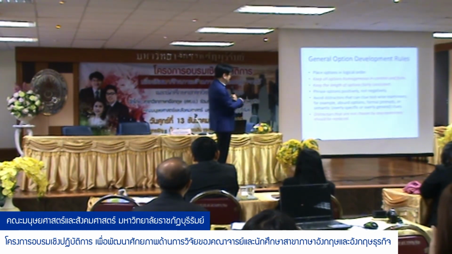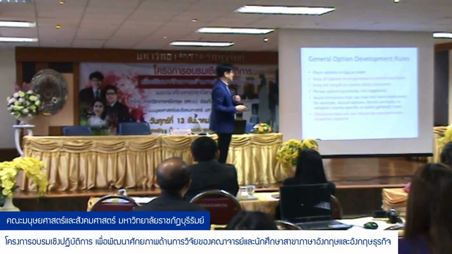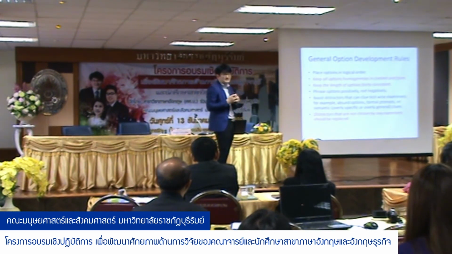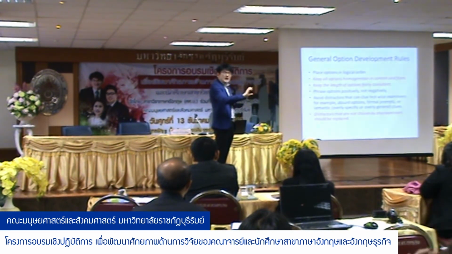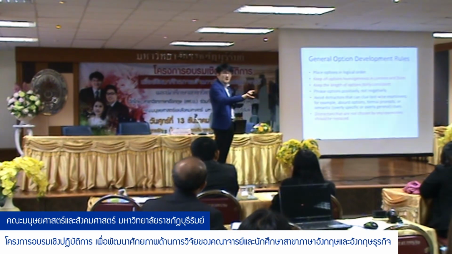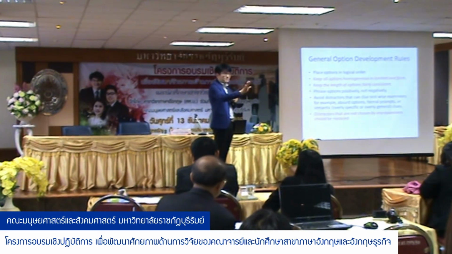And the last point here in red, distractors that are not chosen by any examinee should be replaced. So after the test, when you do the reliability check, if there's a distractor which was not chosen at all, that should be replaced.